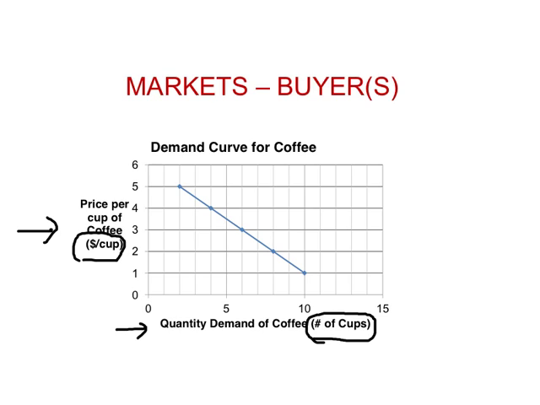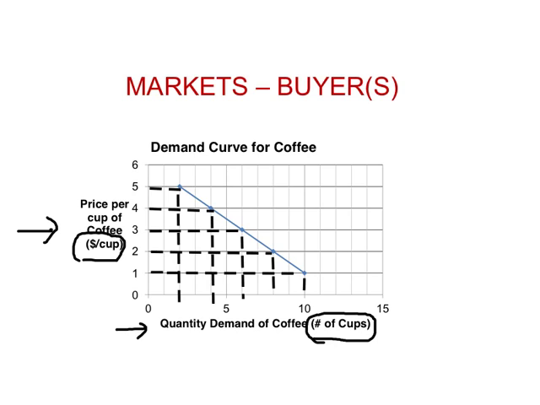When the price is $1 per cup, how many cups of coffee would this person have? 10 cups of coffee. When the price is $2 per cup, how many cups of coffee would this person have? 8 cups of coffee. And in a similar way, let us plot other points. For a price of $4 per cup, 4 cups of coffee. Price of $5 per cup, 2 cups of coffee.